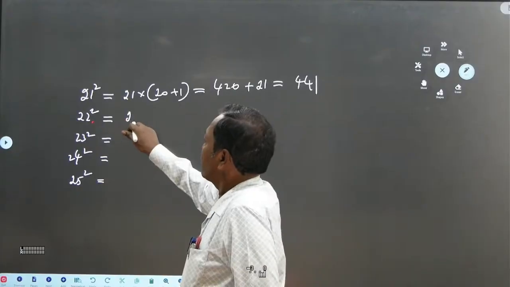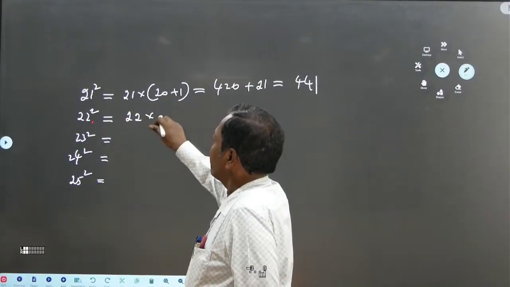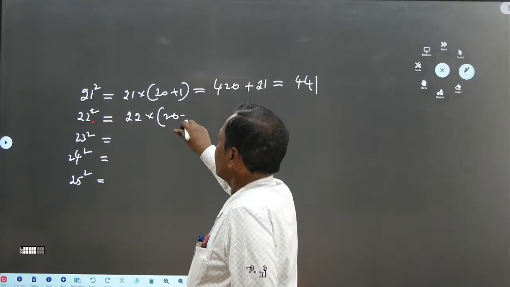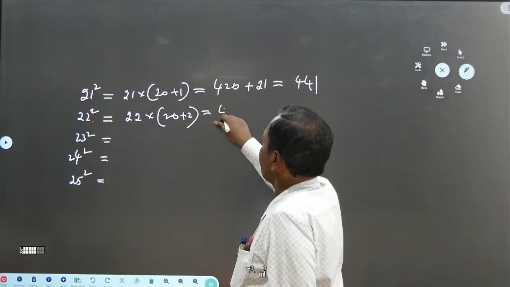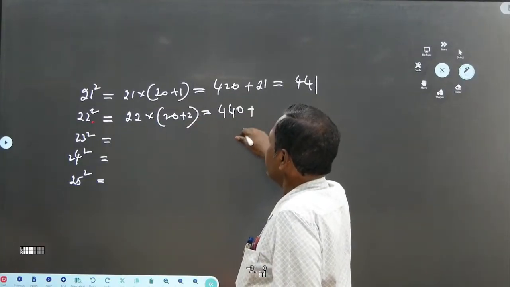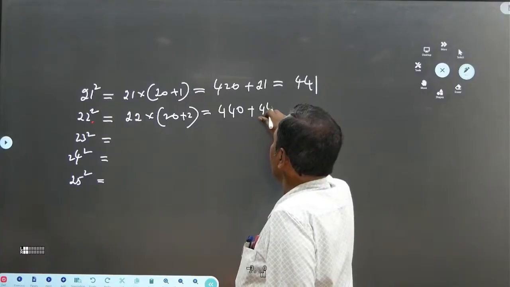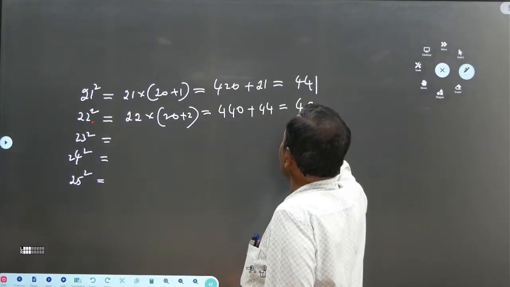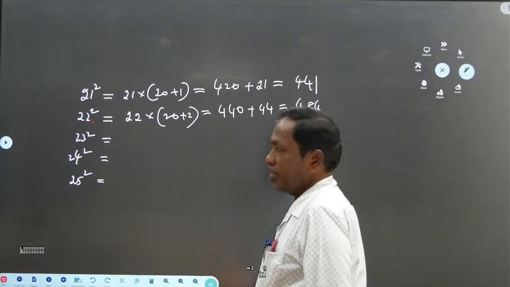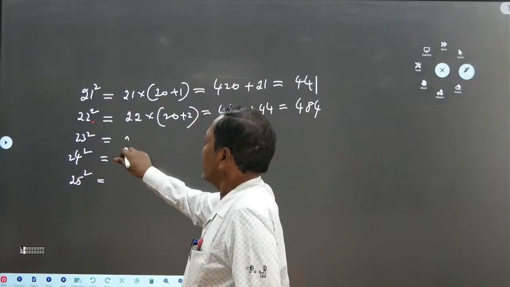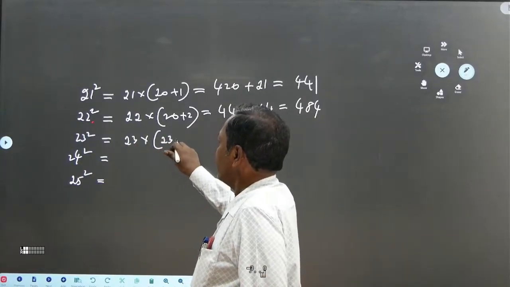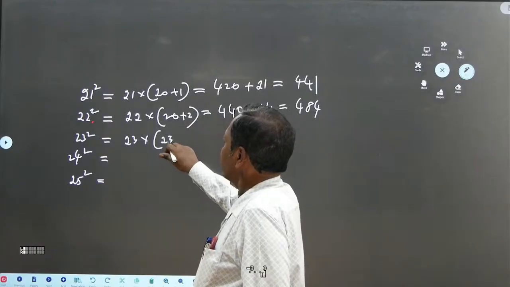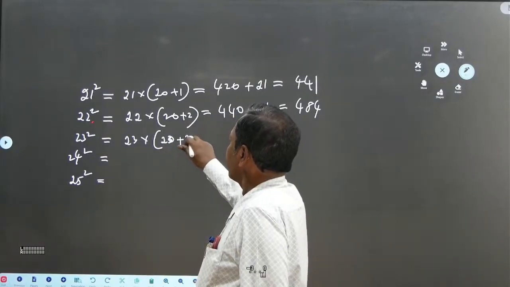22 into 20 plus 2. It means 44, 440, plus 44, 484, like that. And 23 square, 23 into 20 plus 3.